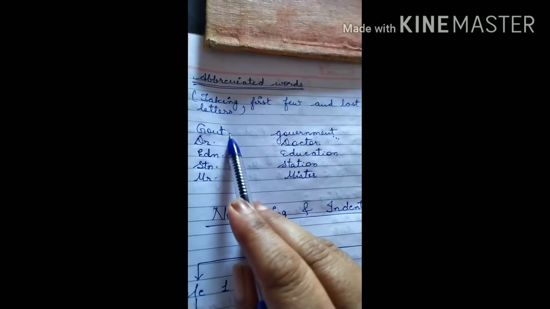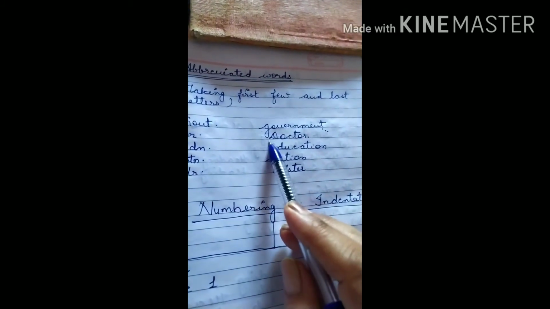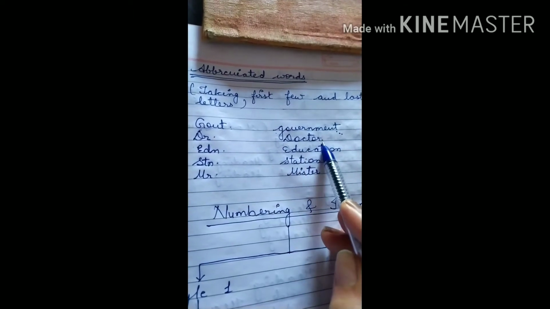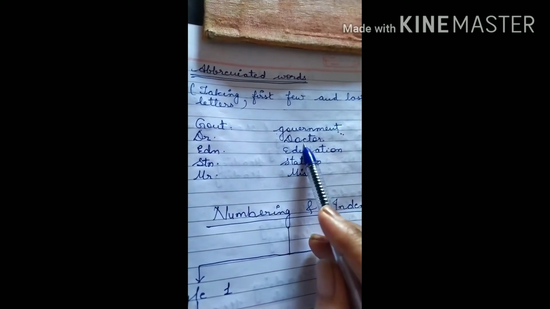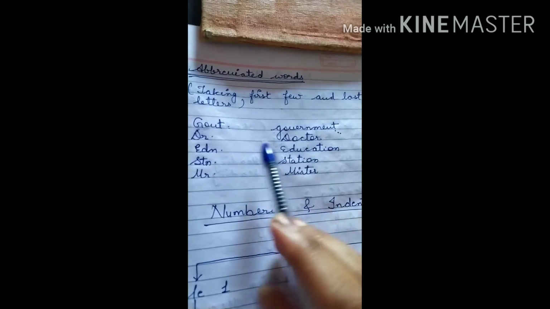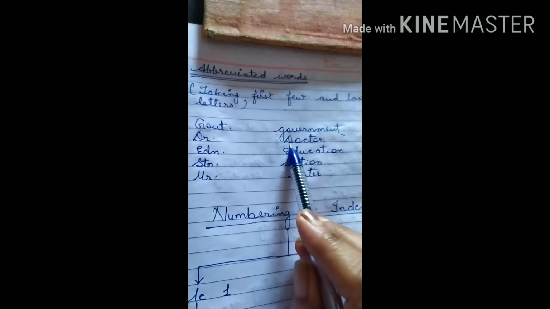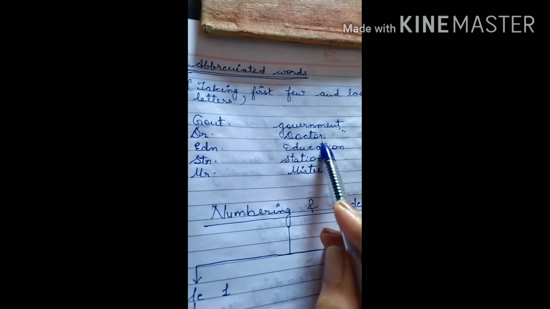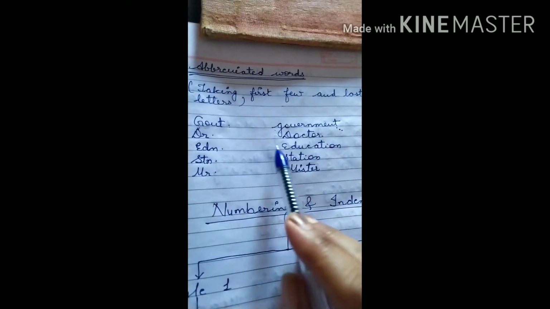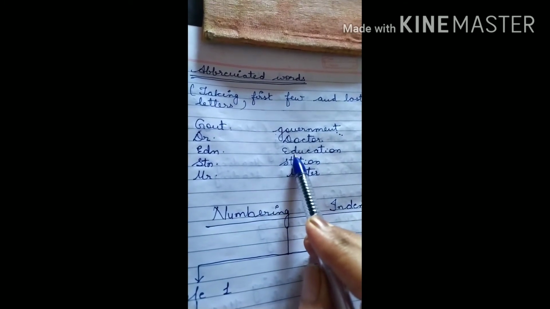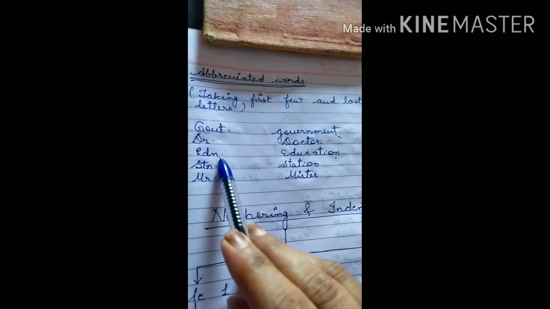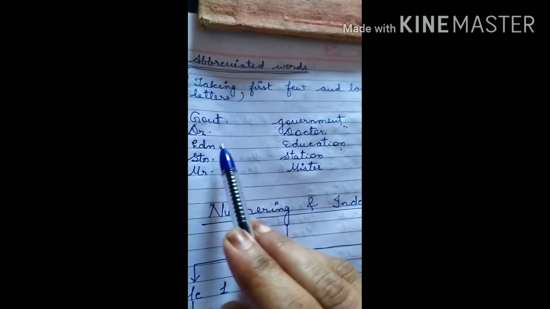GOVT and then put a dot. Doctor, DOCTOR. Instead of writing all the characters, you just write D first and then the last character, and then put a dot. Education, ED and then N, and put a full stop.